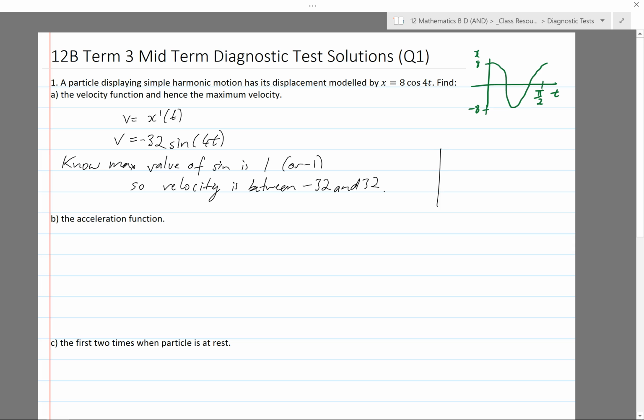If I wanted, I could also show this in a graph, that I've got 32 and minus 32, just to show my understanding. So in this case, my max velocity is 32, whatever units they are. Does it have units? No, let's just assume meters per second.